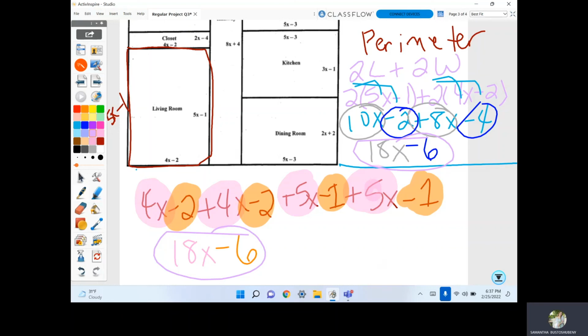And that is how you're going to do the front page of the project. Keep in mind that number 3 on the front says to find the total area of the master bedroom and master closet. So 3 is where you have to start looking at more than one. There's a point where we have to find the area of the whole house and the perimeter of the whole house.